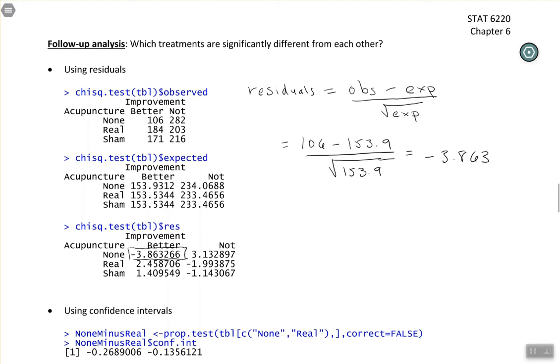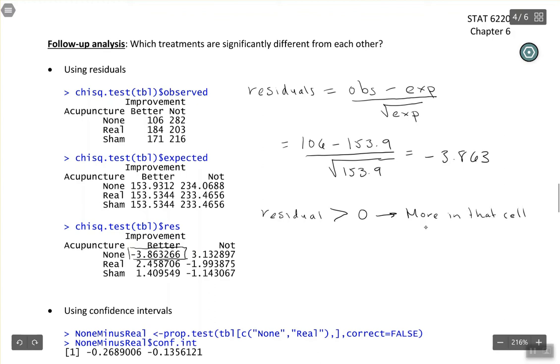Okay, so we can think about how to interpret these. First of all, just interpreting the sign. If your residual is greater than 0, then that means that there were more in that cell than expected. And if it's less than 0, then that means that it's less than expected in that cell.